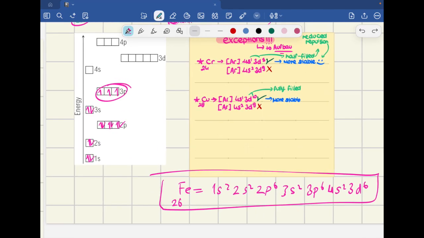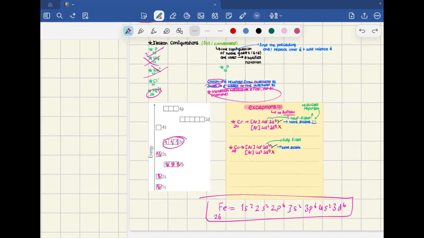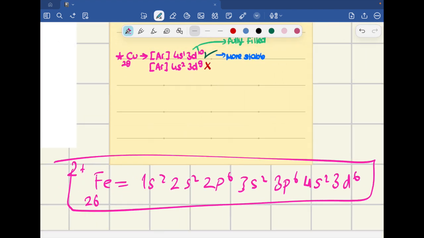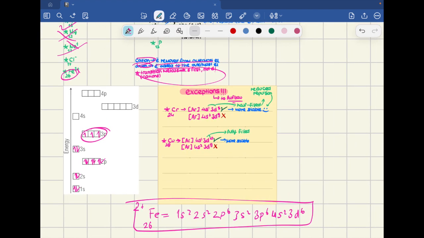And let's remove 2 electrons from it to form a cation. In transition metals, when forming cations, you must remove electrons from the 4s sublevel first, although it's at a lower energy level than 3d, because it is in the outer main energy level. So let's get rid of the 2, and this will be its electron configuration.